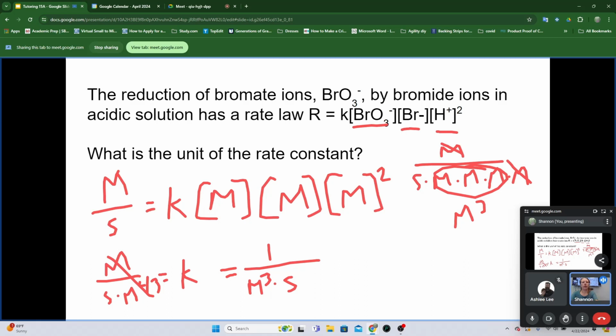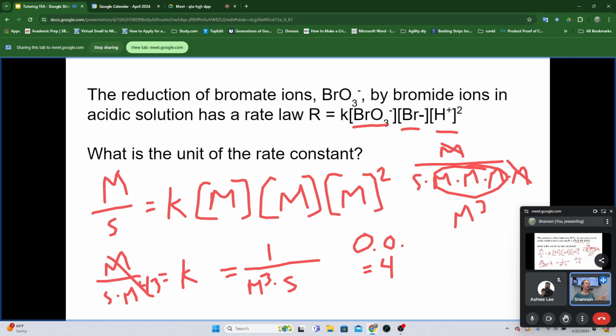Okay, so here the overall order, I'm going to call it OO just to shorthand it, was 4. What I want you to see here is the rate constant is directly related to what the overall order is.